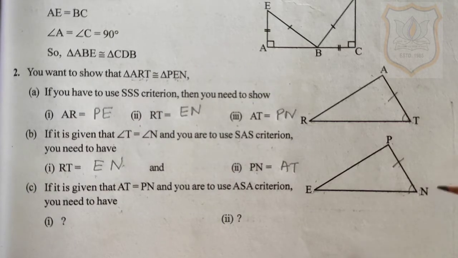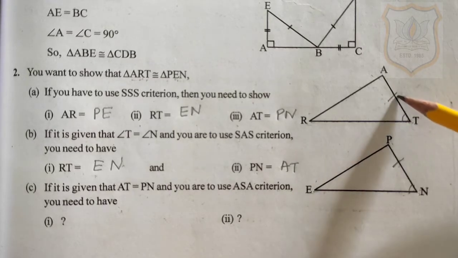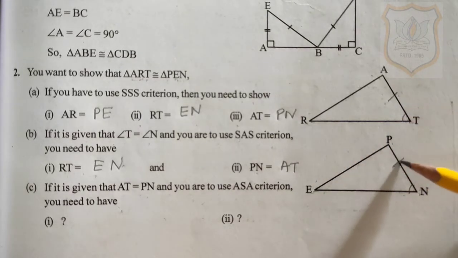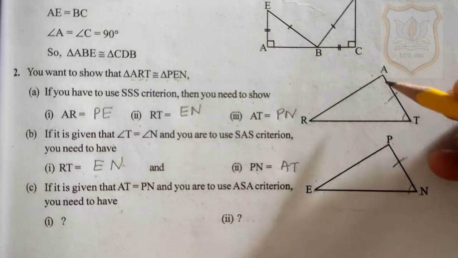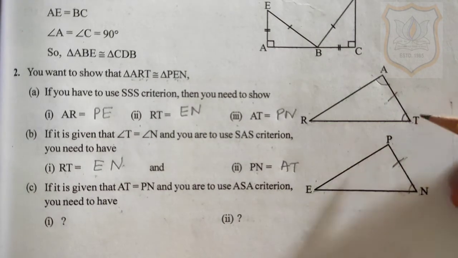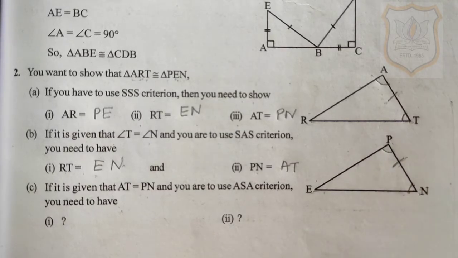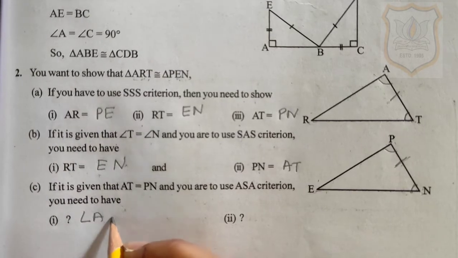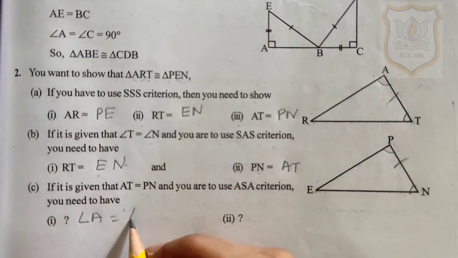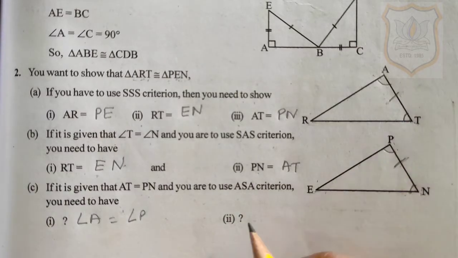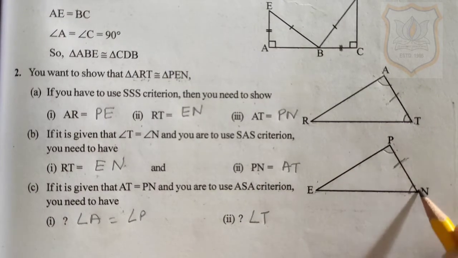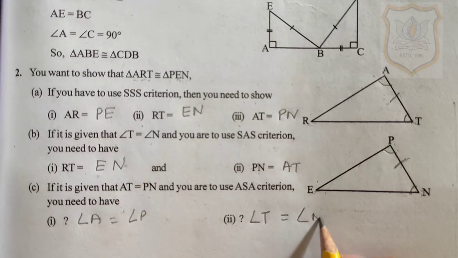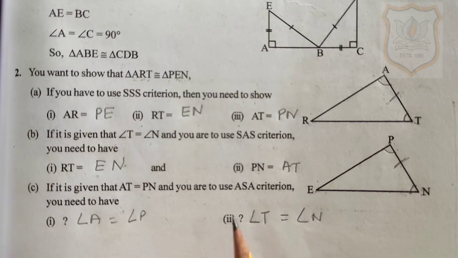Angle side angle criterion needs two angles and their included side to be equal. So the included side is this one, and the two angles that will be equal are angle A and angle T, and angle P and angle N. So first we will write that angle A is equal to angle P and angle T is equal to angle N. So by using ASA criterion we have shown that angle A is equal to angle P and angle T is equal to angle N.